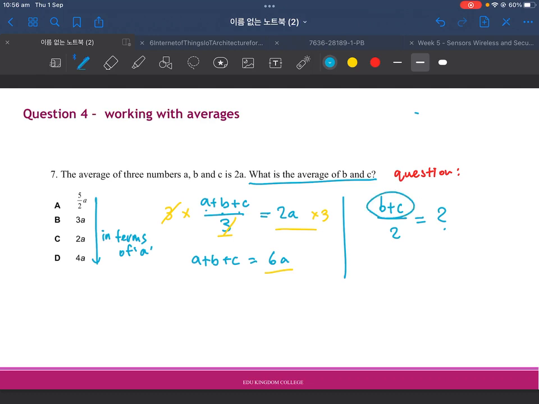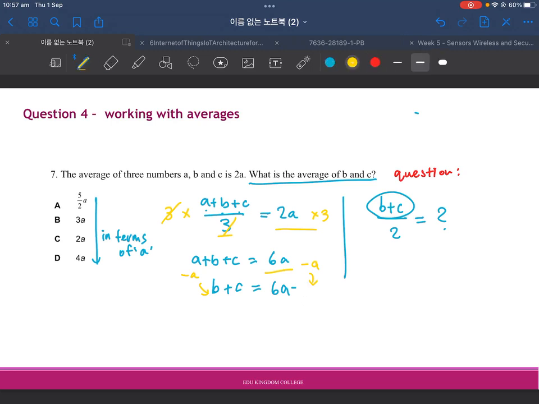And here we have it exactly like that. B plus C, if A plus B plus C is 6A, then B plus C is 6A minus A. Again, all I've done from here to here is minus A, and I get B plus C. Okay? So B plus C is actually 5A, oh, not minus 5. Oops.